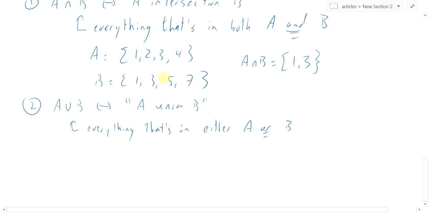If we take A and B as these two sets up here, just list everything that's in either one. 1 is in A, 2 is in A, 3 is in A and B, 1 is also in A and B, 4 is in A, 5 is in A, 5 is in B, 7 is in B. So there's our set.